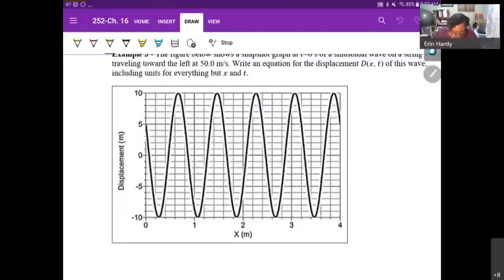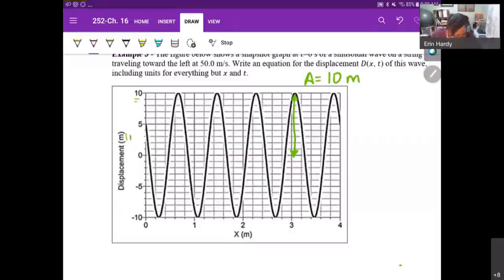Just as a reminder, the amplitude is the separation between 0 on our displacement axis and either the most positive displacement value or the most negative. So here, I just chose this peak second from the right. This amplitude is equal to 10 meters.